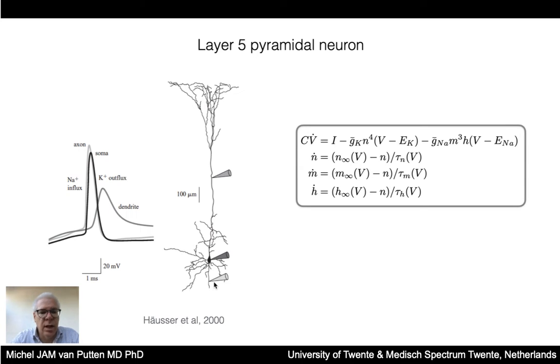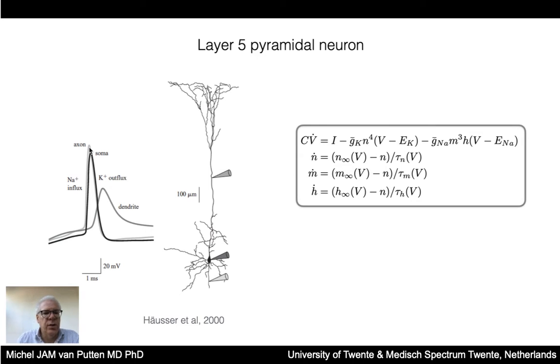And we learned a lot about how those action potentials are generated. And here in this illustration, this is recapitulated. The action potential, as for instance recorded in the soma or the axon or in the dendrite.